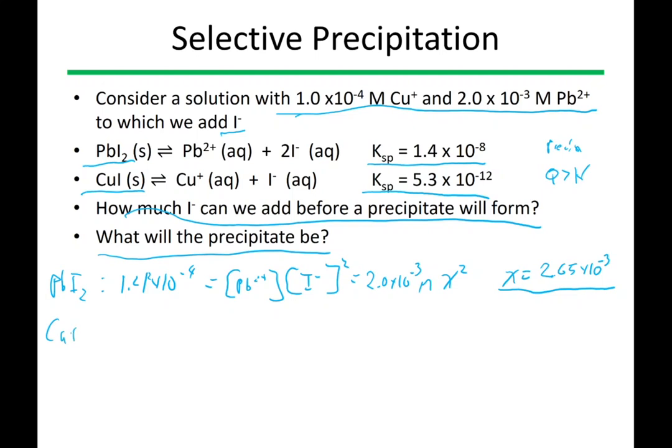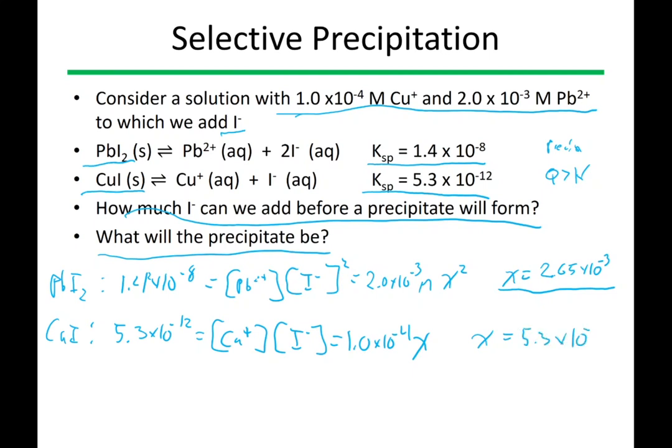For the copper iodide, we'll have 5.3 times 10 to the negative 12th is equal to the concentration of copper ions times the concentration of iodide ions. And we know the concentration of copper, and we're looking for X. If we solve for X in this case, we get that it's equal to 5.3 times 10 to the negative 8th.